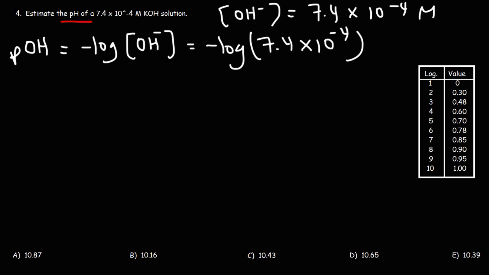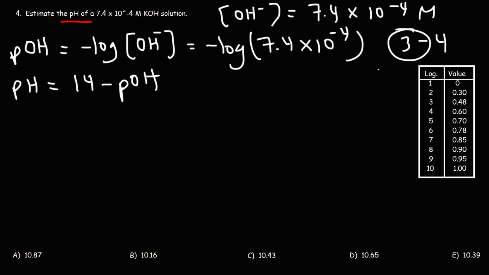Well, we know that negative log of this number is going to give us an answer between 3 and 4. But none of the answers are in that range. And that's because the pH is equal to 14 minus the pOH. So 14 minus 3 is 11, 14 minus 4 is 10. So thus the pH is going to be somewhere between 10 and 11, which all of our answers are in that range.